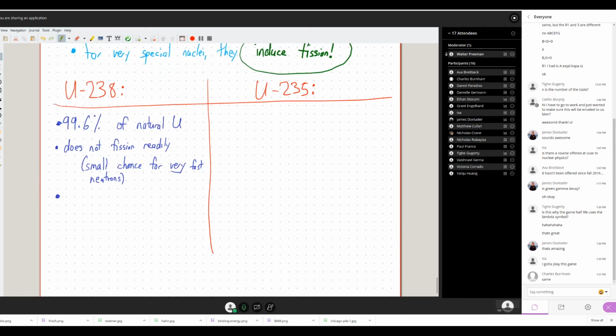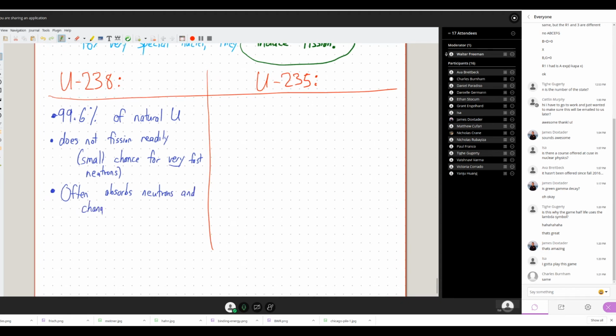And its behavior when it's struck by a neutron, I shouldn't say usually, I should say often, changes to uranium-239, which decays rapidly to plutonium-239.